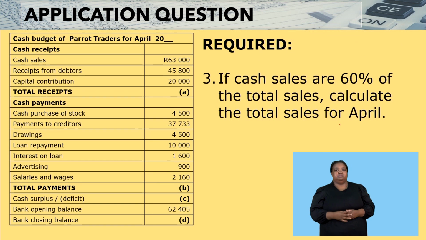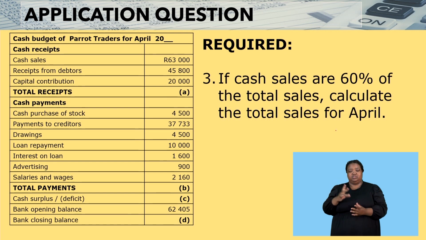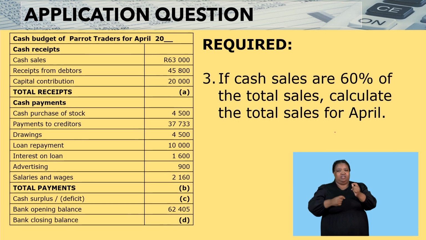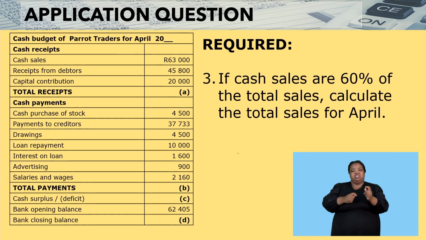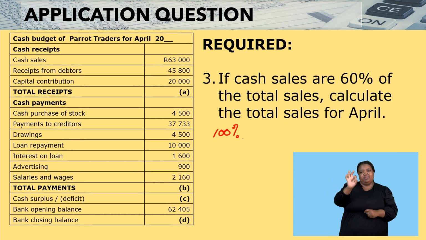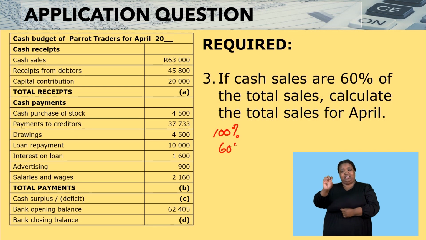Question number three reads, if cash sales are 60% of total sales, calculate the total sales for April. So we know that total sales are 100%, and then cash sales are 60%.